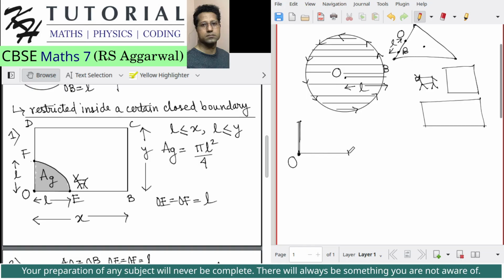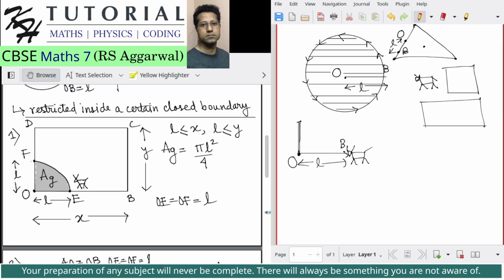The animal is tied with a rope. Let's say OB is the rope of length L, and this is the animal. So by the point O, I am actually referring to the foot of the pole.